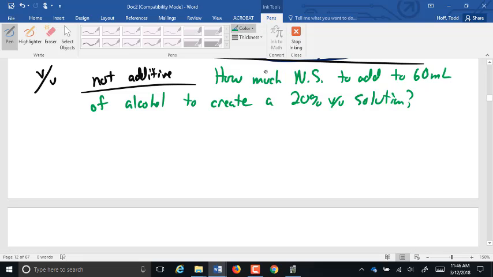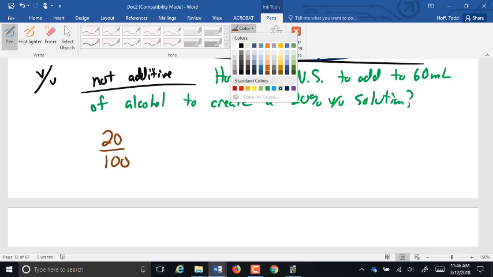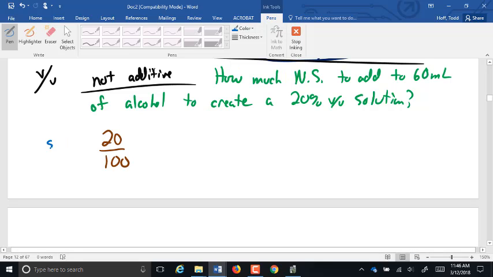Well, here the 20%, 20 over 100, once again, the 20 represents the serum, in this case the alcohol, and the 100 is the total volume.